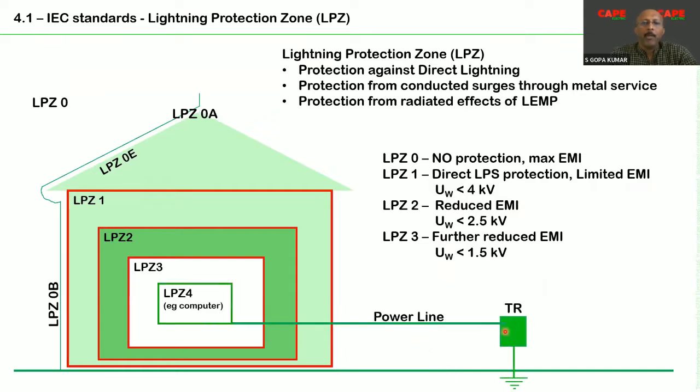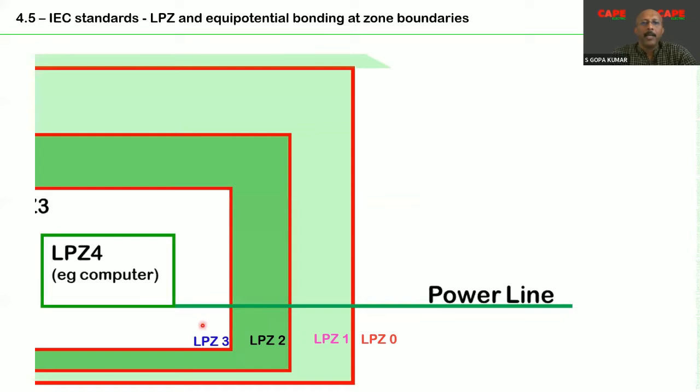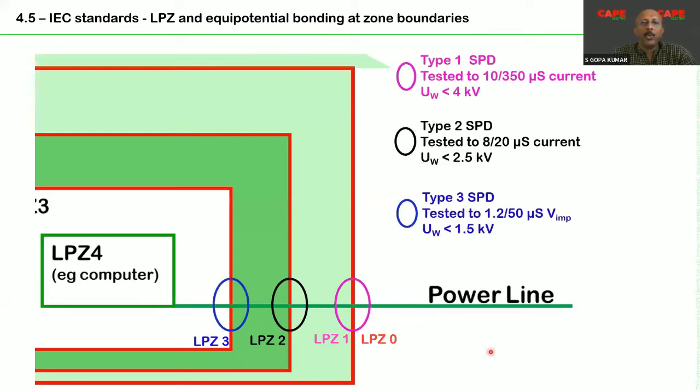Once a power line comes into the building, you can see here there is a transformer. From the transformer, the power line is connected up to the last equipment. Once the power line crosses each and every zone, we are supposed to create equipotential bonding between the live conductors or current carrying conductors and the earth.